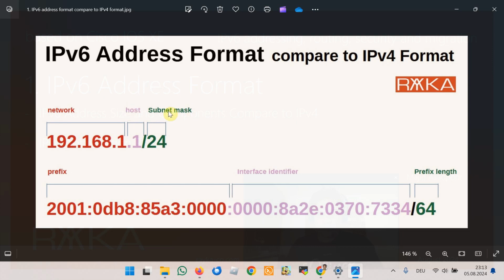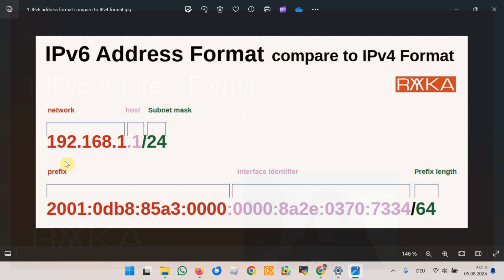The subnet mask is used to differentiate these parts. It specifies how many bits of the IP address, here 24, are allocated for the network section, and how many bits are allocated for the host portion, which is the other 8 bits in this example.